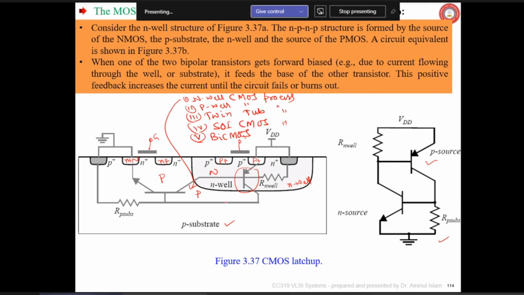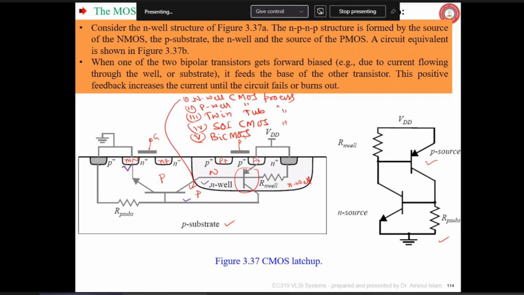Consider the structure in this figure. The NPNP structure is formed by the source of the NMOS, this is the source of the NMOS, the P substrate, this is the P substrate, and the N well.